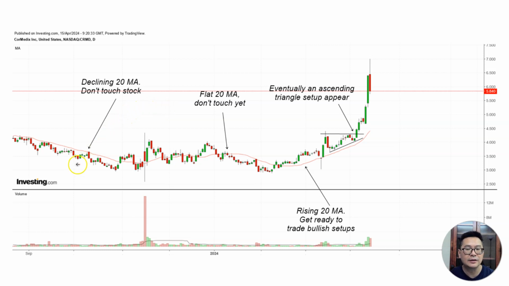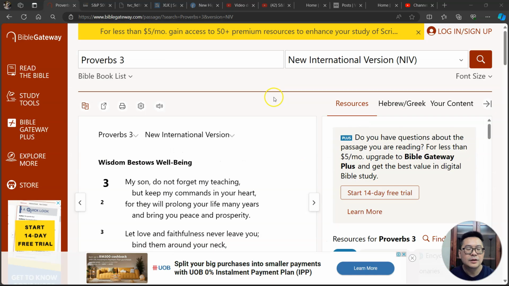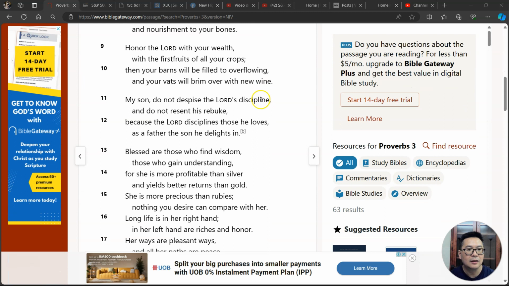But before that, I would like to impart some wisdom to you. The wisdom comes from Proverbs chapter 3. Go to Bible Gateway, NIV version, chapter 3, verse 13. Blessed are those who find wisdom, those who gain understanding, for she is more profitable than silver and yields better return than gold.